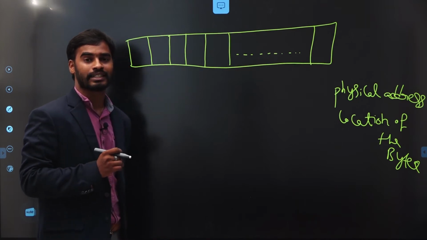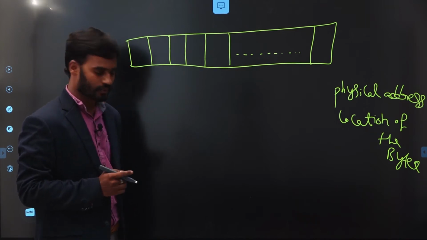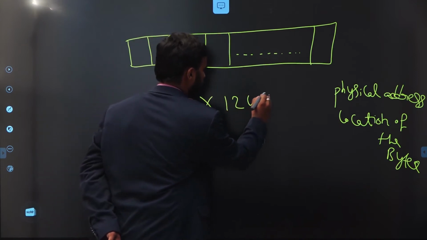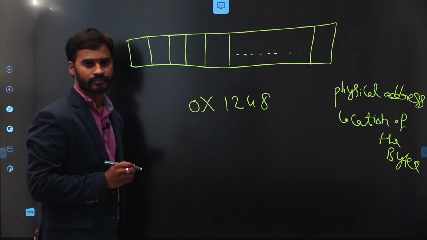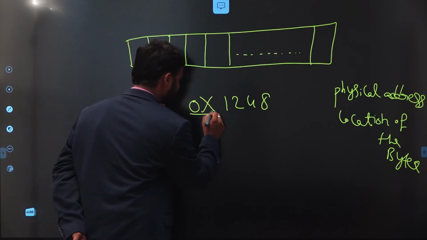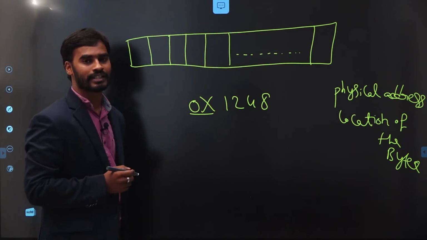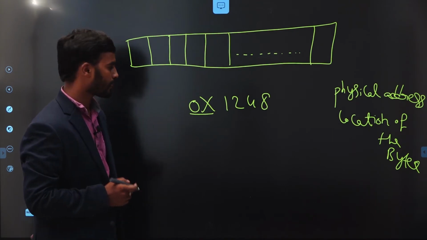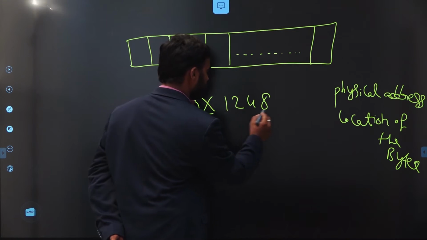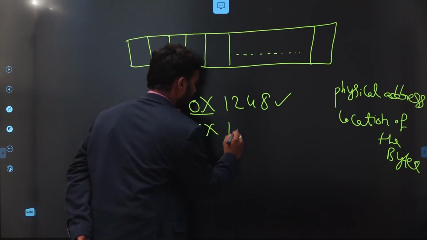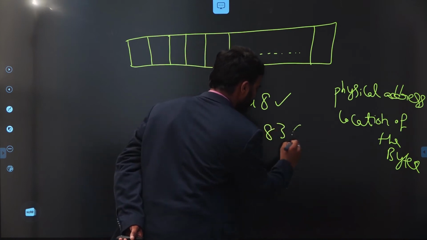The physical address of a byte is equivalent to the house number that every house has. Every byte has a physical address, and that physical address is represented in hexadecimal, like this: 0x1248, where 0x specifies that the number is in hexadecimal format. This is one physical address, 1248. This is another physical address, 124836.